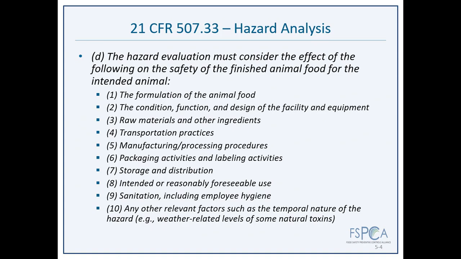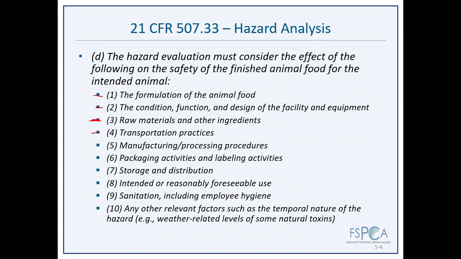So this should be a very methodical process of doing your hazard analysis. This is a short list of things that can help us in this process. We need to consider the formulation of the animal food, the condition, function, and design of the facility and equipment, and any raw materials and other ingredients. This is a lot of times how we get hazards in our facility, right? With our raw ingredients, and then we're going to process them to control it.